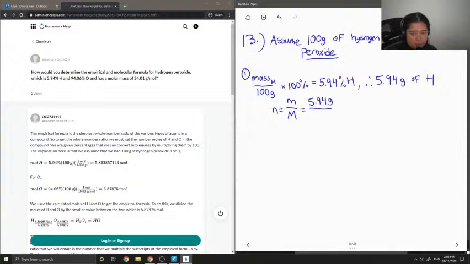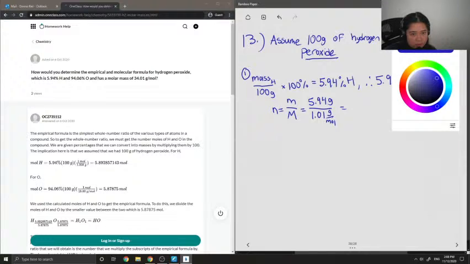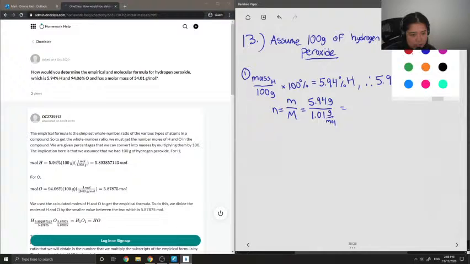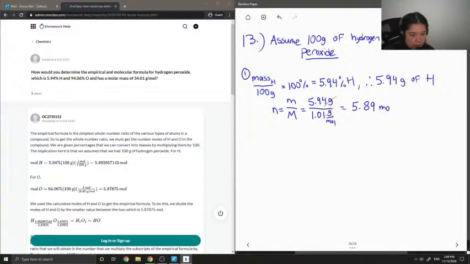And the molar mass of hydrogen is just what you would find on your periodic table, and it's 1.01 grams per mole. So now let's do the math, and you'll notice that our grams should cancel out, and we're left with a value in moles. And you just get 5.89 moles of hydrogen.